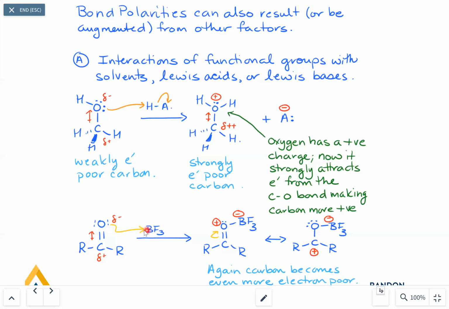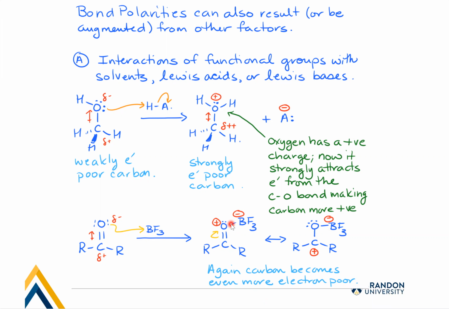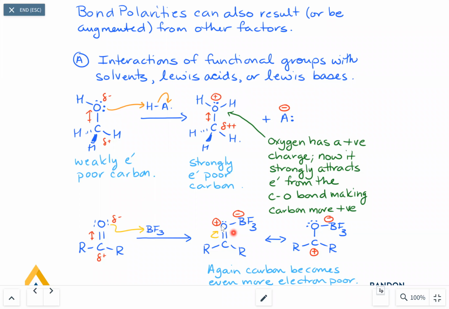So boron's got this empty p orbital. The ketone will donate its electrons to it. Then we've got a complex. And in this case, now oxygen's got a formal charge of plus, because it's bonded to three things and has one set of lone pairs.